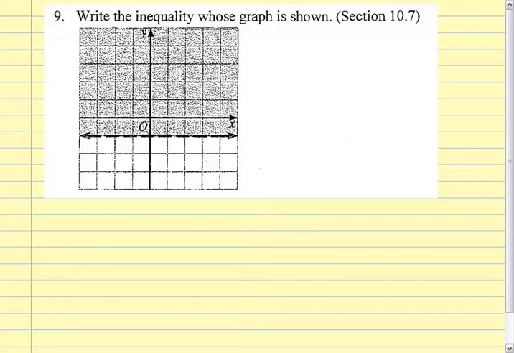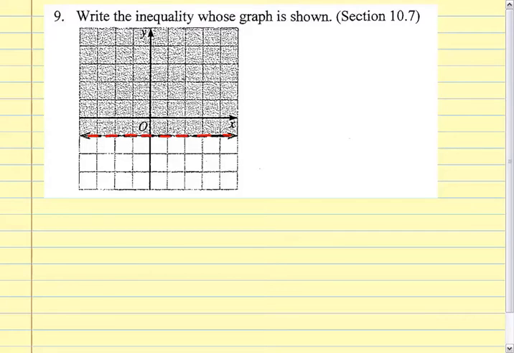It says write the inequality. You can see it's an inequality because it's shaded. Is this line solid or dotted, Drew? The boundary line. It is dotted, so it can't be an equal to. What kind of a line is that? It is horizontal, but it's not an X line.